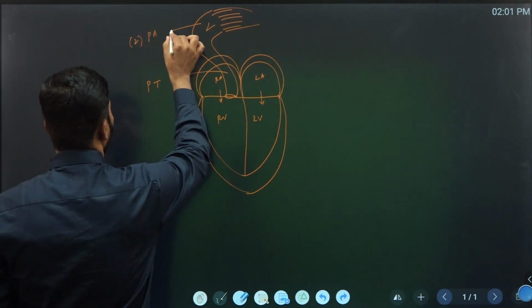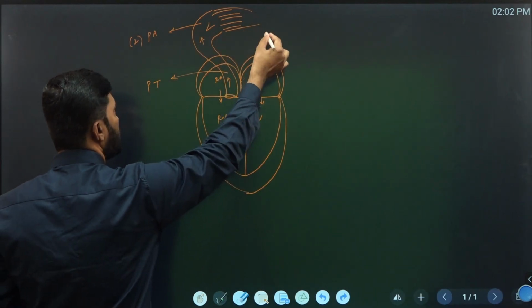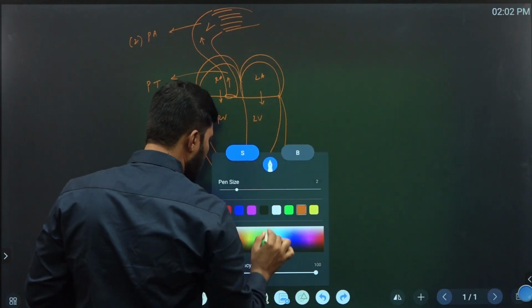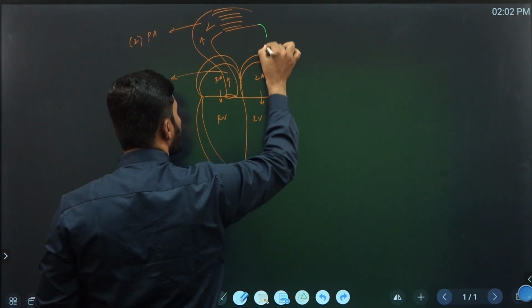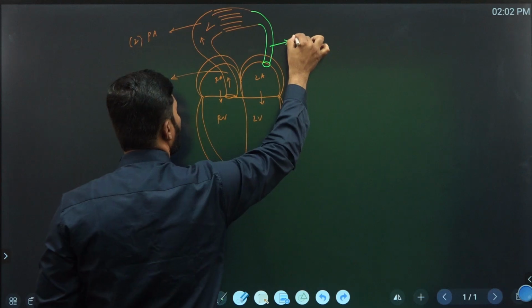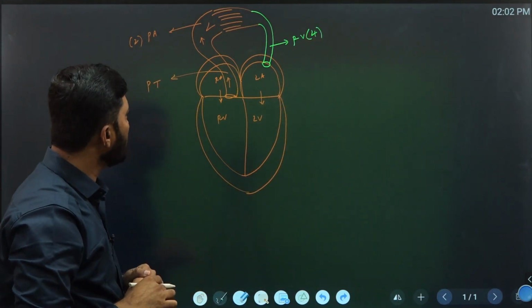The blood moves towards the lungs, where exchange happens, then the oxygenated blood moves towards the left atrium by the four pulmonary veins.